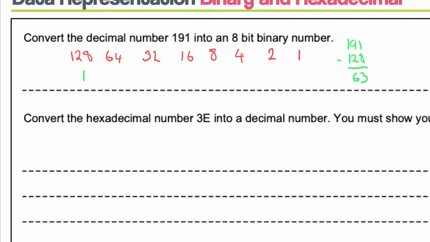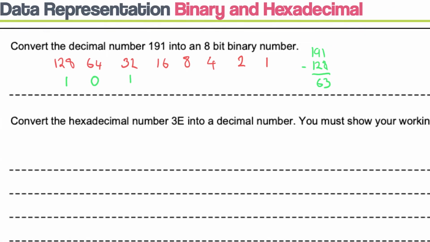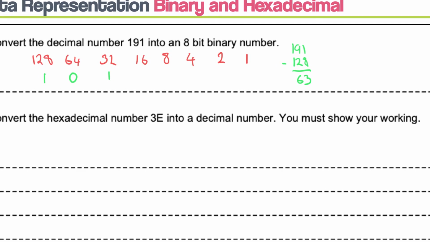And the answer would be no. So in this context, you write down a 0 because you can't store it. Can you fit 32 into 63? Yes, you can. Do you remember what you need to do now? Because you've actually stored those values, you need to account for it, and then we'll go 63, take away 32, because now you've stored some of those values, leaving you with 31.